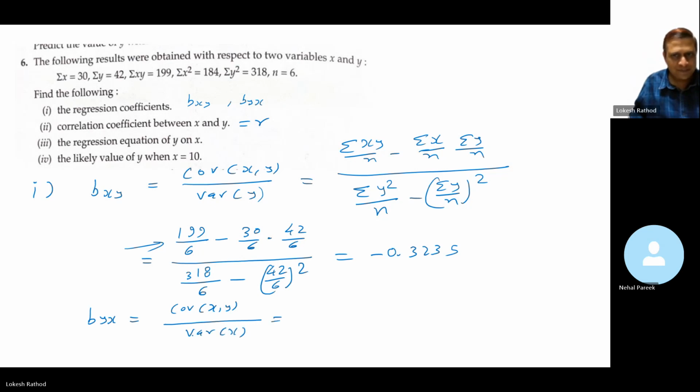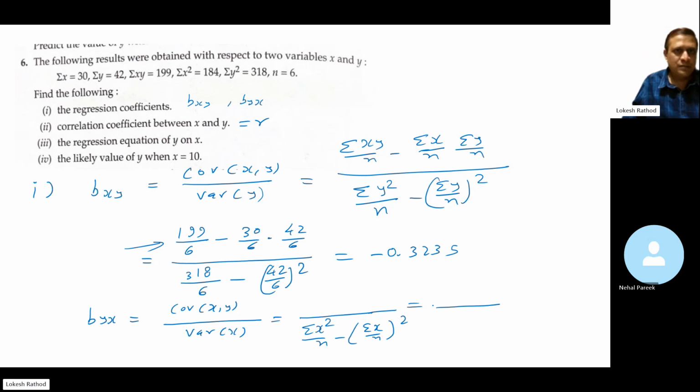So the numerator you already found, the denominator I am writing: sigma x square over n minus sigma x over n whole square. So do it. Sigma x square is 184. And sigma x is 30.